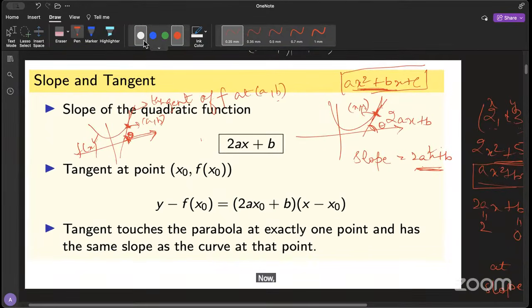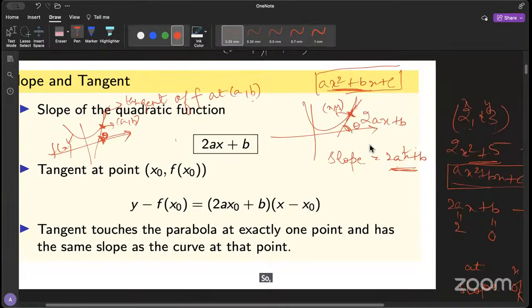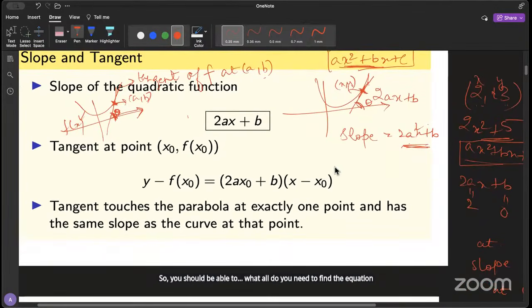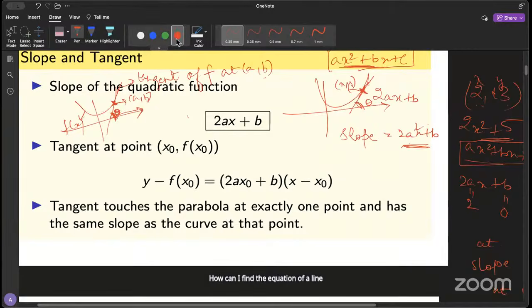Now if you have to find the equation of this tangent, this tangent is a line, right? What all do you need to find the equation of a line? We've done this in week 2. Either I need the slope and 1 point, or I need 2 points, to find the equation of a line.